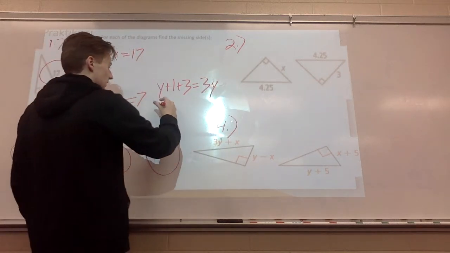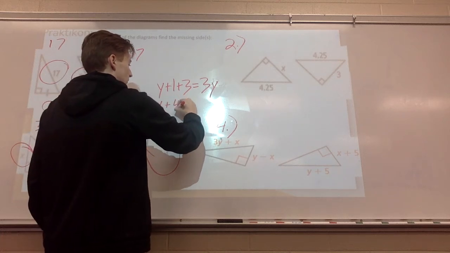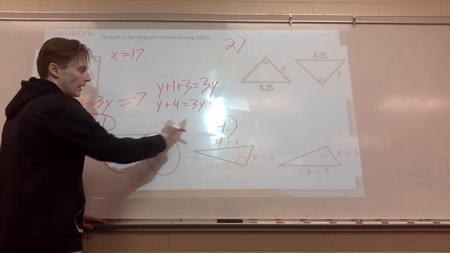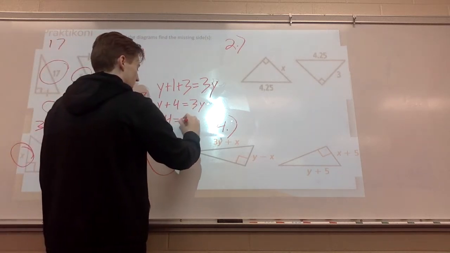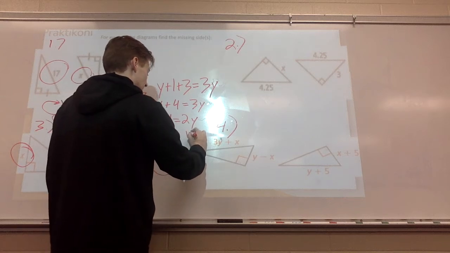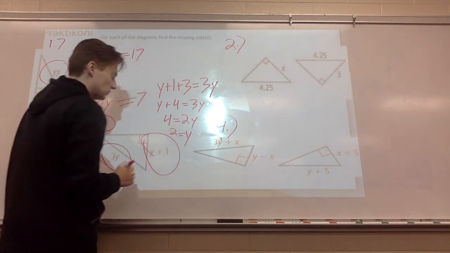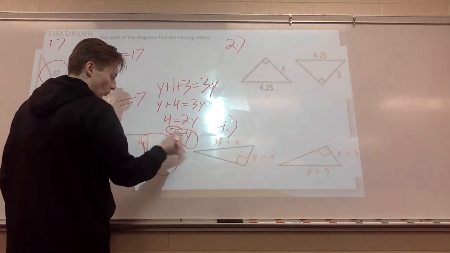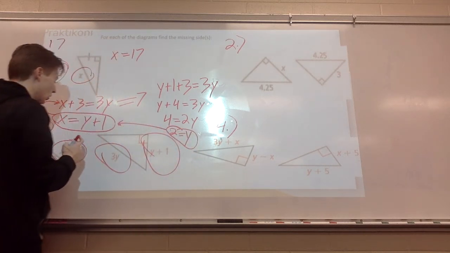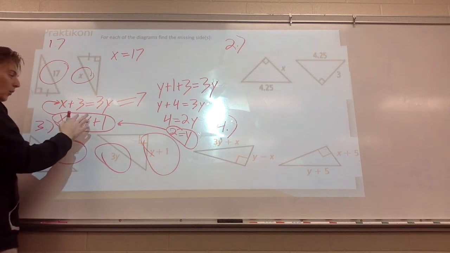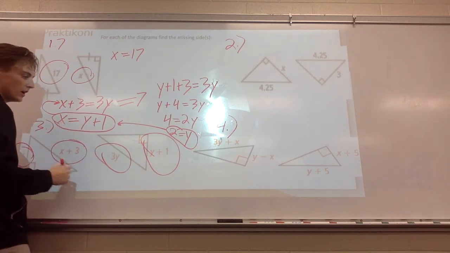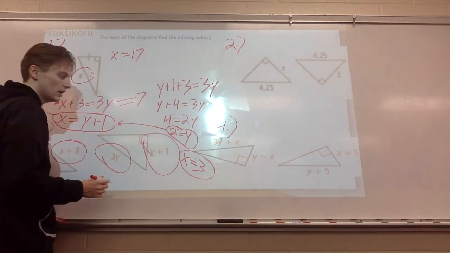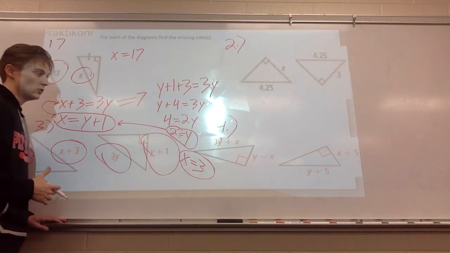If I clean this up a little bit, this gives me y plus 4 is equal to 3y. If I move this y over to that side, this gives me 4 is equal to 2y, leaving me with y is equal to 2. Okay, that's good. I found half of them, y is equal to 2. And then I know that x is whatever y is plus 1, so that means that x is 3. So y equals 2 and x equals 3 are my two answers.